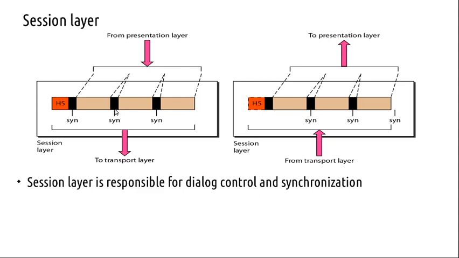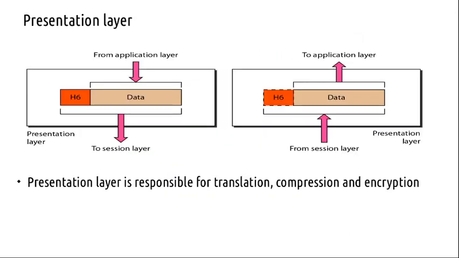So that is what the task of synchronization is about: to bring some order in the case of errors. If some errors creep in during transmission, that can be sorted out by using synchronization bits.